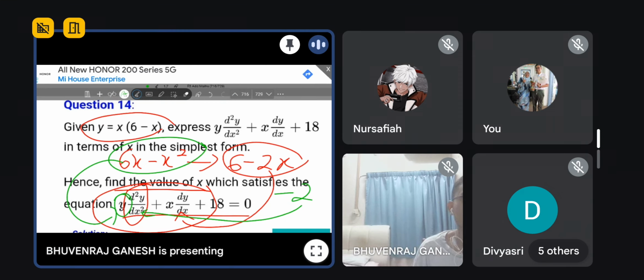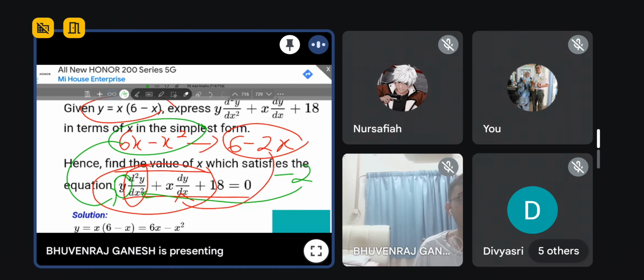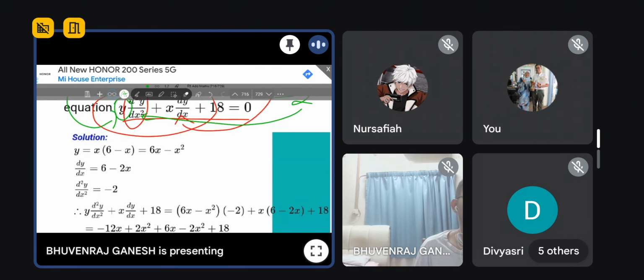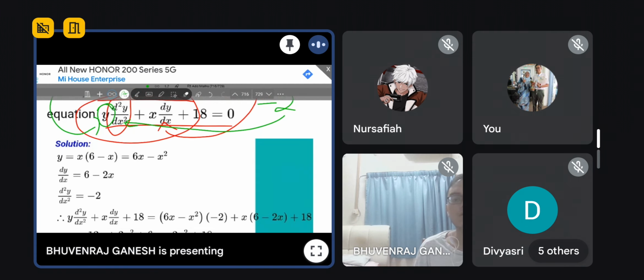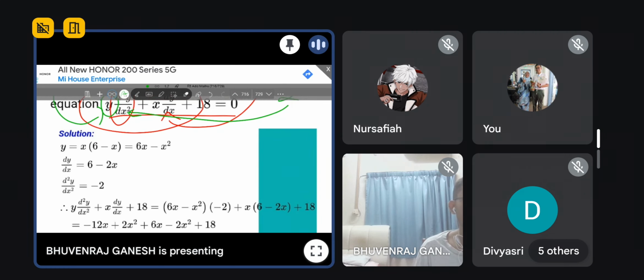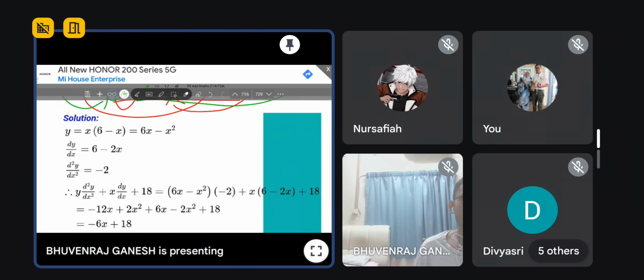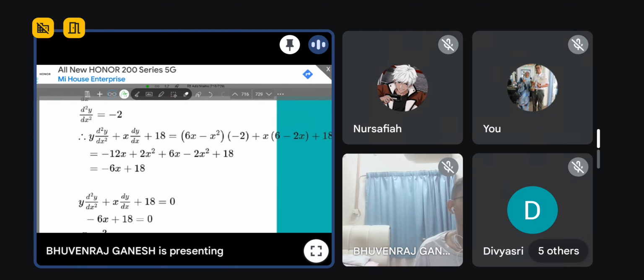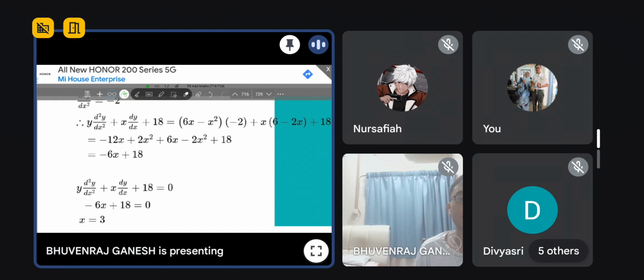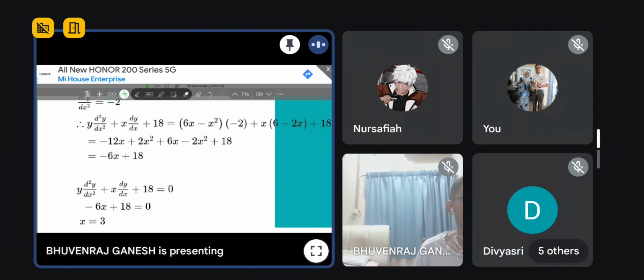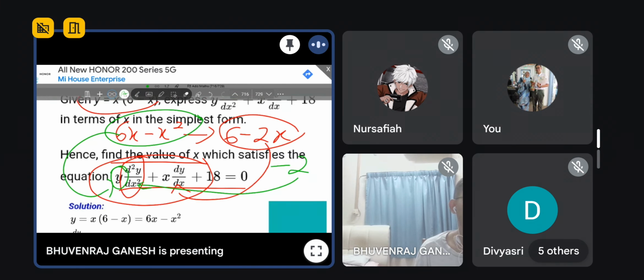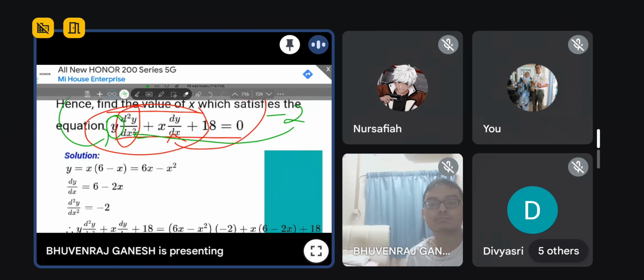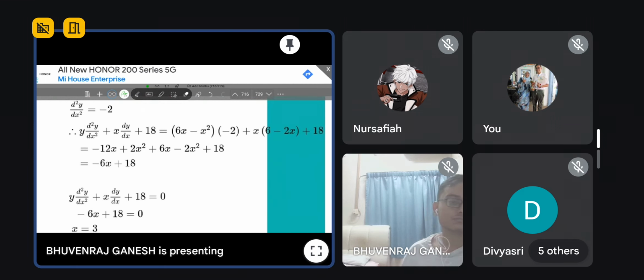Cannot have mixed variables. Tak boleh campur-campur. So the solution is something like this. You substitute all the values inside. So you will get a linear equation, not quadratic. Then you can solve it. Find your x value. Cari nilai x. Only x value, no need to find y. Okay, so can you get it?